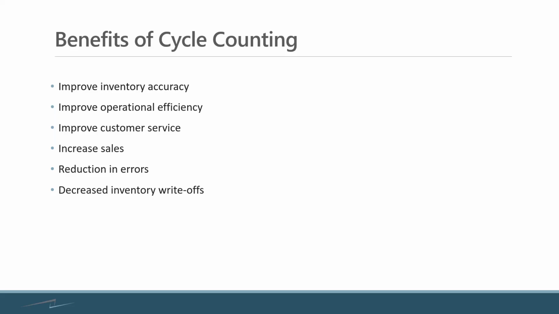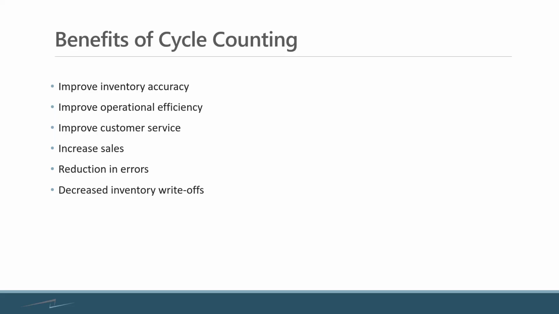The next two bullet points go hand in hand, right? If my inventory is more accurate, I have inventory to sell. If I can sell more inventory, it makes my customers happy and I have increased customer service. All of these things go hand in hand and are great benefits of putting in a cycle counting program. And then reduction in errors.